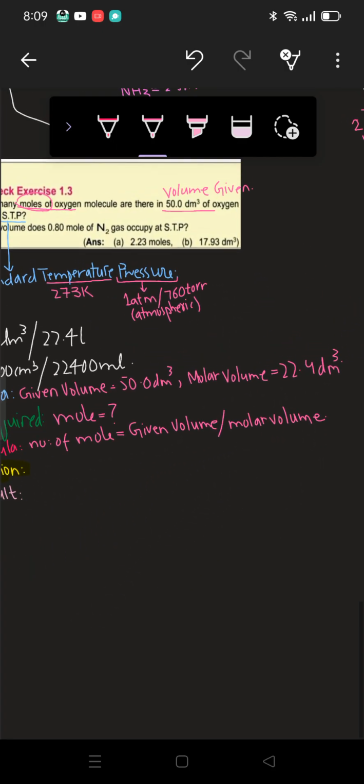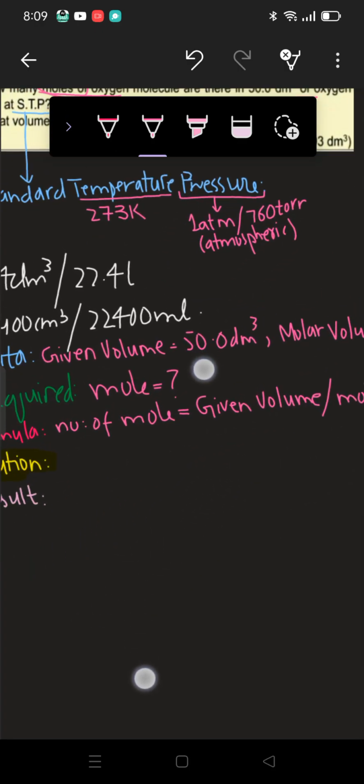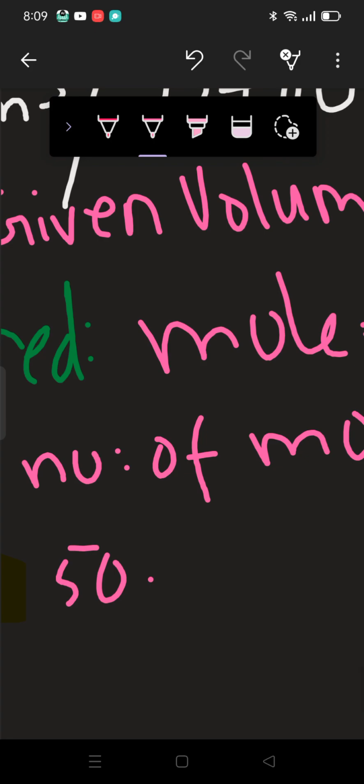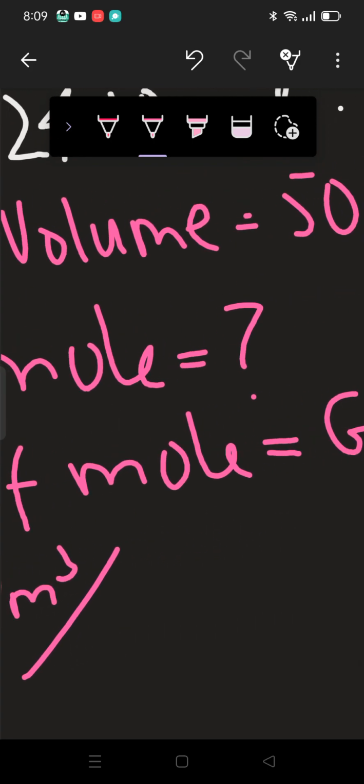Now in the solution you need to substitute the values. Given volume is already given in the question, that is equal to 50.0, or no need to write 0.0, dm cube by the molar volume of any gas at STP, which is 22.4 dm cube.